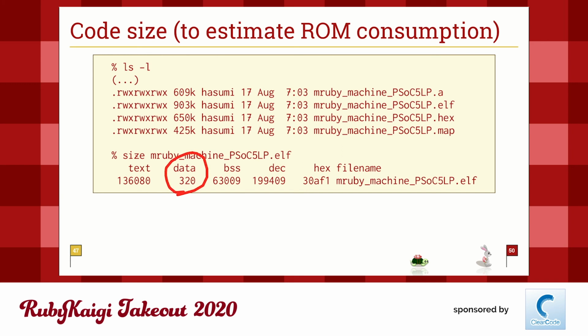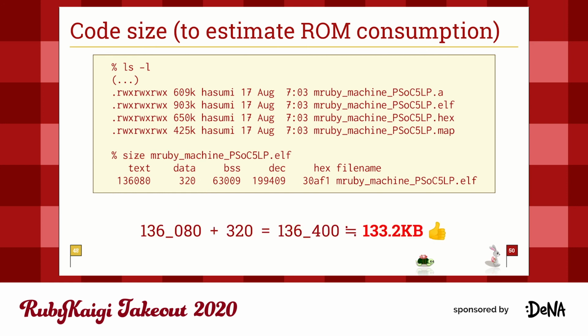The data section contains variables which have initial values. The BSS section shows the RAM size, so the total of text and data will be the size of ROM consumption. Apparently, I still have some margin to implement more syntax for PSoC 5LP, which has 256 KB ROM.